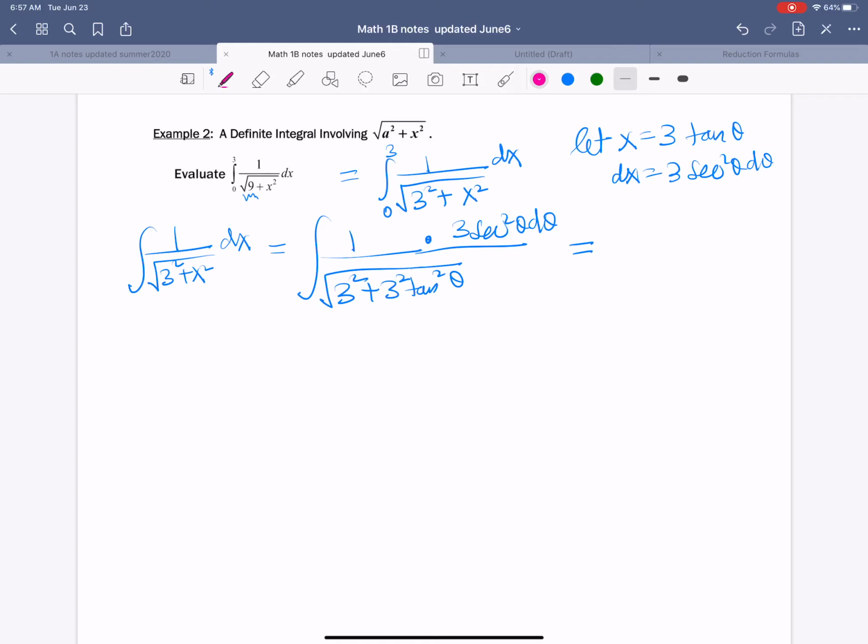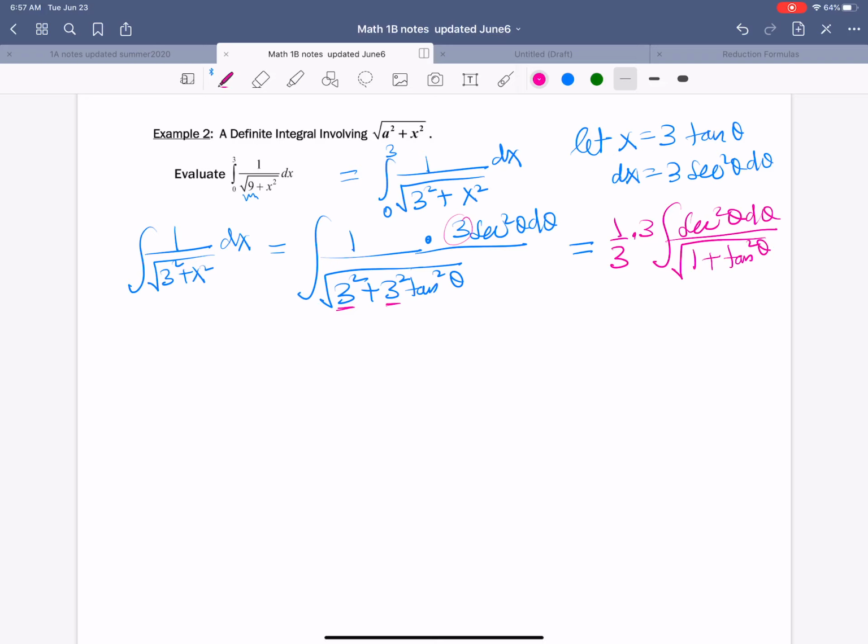I can pull out the square root of 9, which is a 3, from the denominator. I also have the 3 in front of secant squared theta that I can pull out from the top, and what remains in the square root turns out to be 1 plus tangent squared theta.